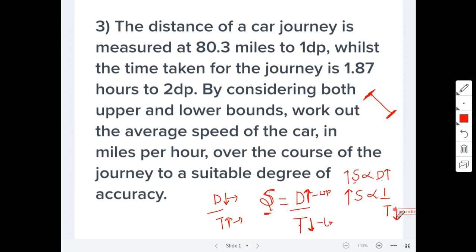That means if you decrease the time, speed will increase. That's the reason, to get the upper bound of the speed, you have to take the maximum value of distance and the minimum value of time. So the minimum value of time is its lower bound, and the maximum value of distance is its upper bound. Is this clear?